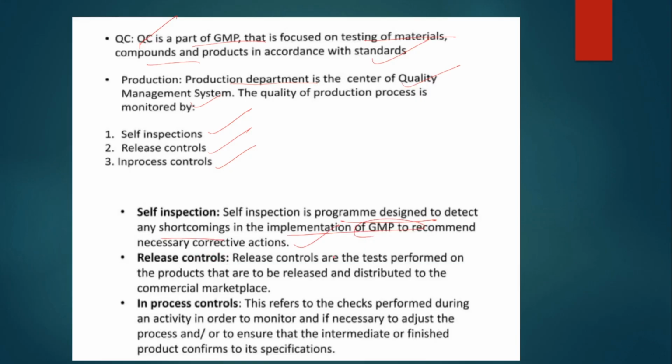Release controls are the tests performed on the products that are to be released and distributed to the commercial marketplace. In-process control refers to the checks performed during an activity in order to monitor and, if necessary, to adjust the process and to ensure that the intermediate or finished products conform to specifications.